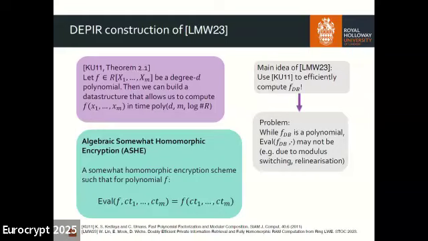So we actually need algebraic somewhat homomorphic encryption, which is any scheme where evaluation of a polynomial on some input ciphertext is the evaluation of that polynomial on the input ciphertext. We do have these. What's quite interesting is that some of the more modern schemes we're used to using in HE now are derived from these algebraic schemes, but in this application we really need the algebraic structure. We're essentially demanding that the ciphertext space is a ring.